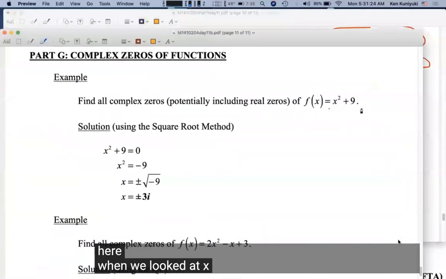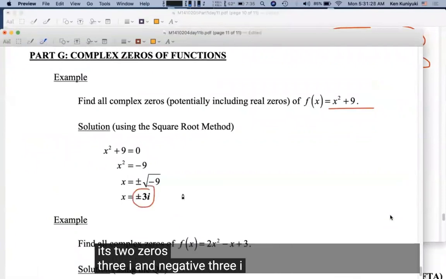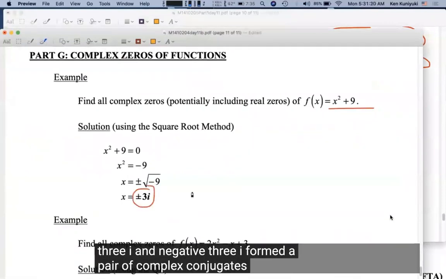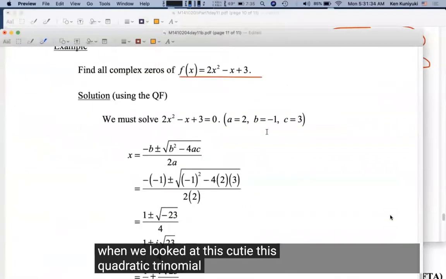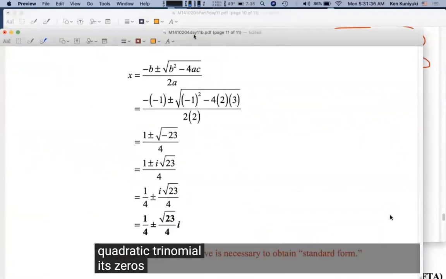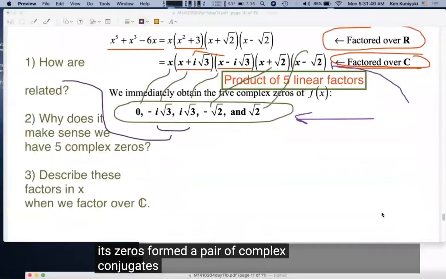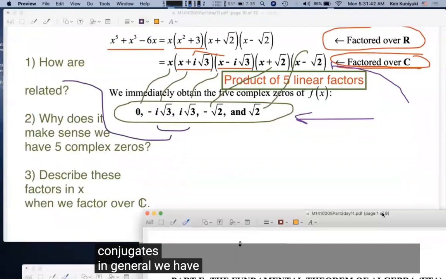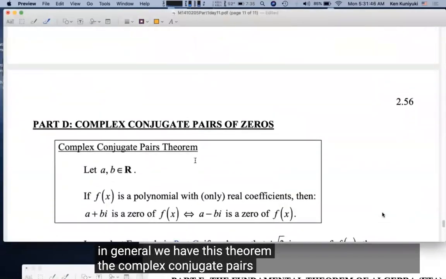When we looked at x squared plus 9, its two zeros, 3i and negative 3i, formed a pair of complex conjugates. When we looked at this quadratic trinomial, its zeros formed a pair of complex conjugates. In general, we have this theorem, the Complex Conjugate Pairs Theorem.